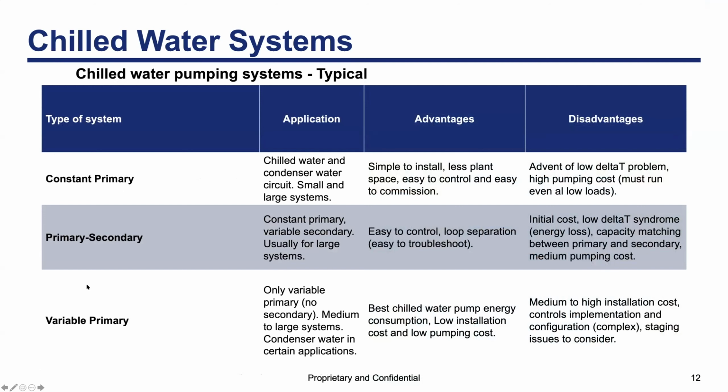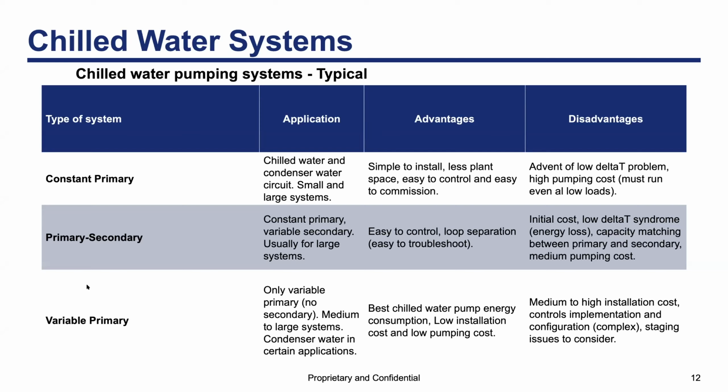Continuing with chilled water systems, this is a rough summary, a rough table of the main 3 that we see, I would say, every day. We know that from the application standpoint, we can number so many other types, but in today's webcast, we're going to concentrate on these 3: constant primary, primary and secondary, and variable primary.